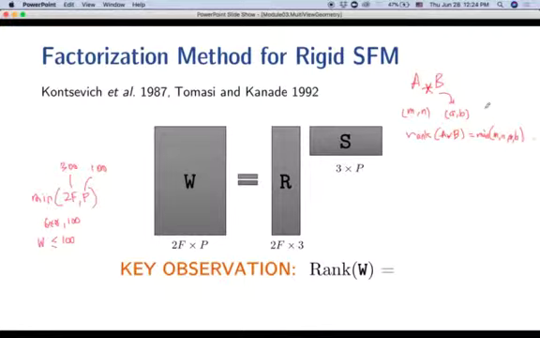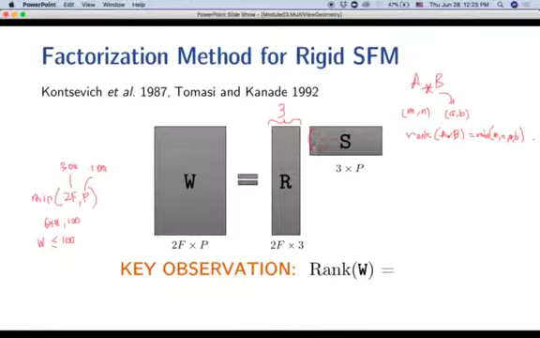Okay. It's not that I'm pulling this out of nowhere. I mean, let's just see that. Why does that make sense? How many columns does R have? It's 3, right? So think of that as 3 vectors. And then what does S do? S has a bunch of numbers here. So when they multiply, what happens?